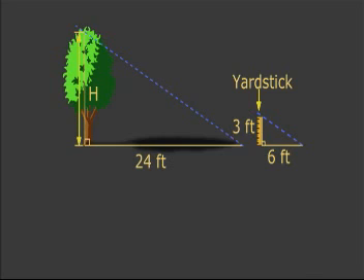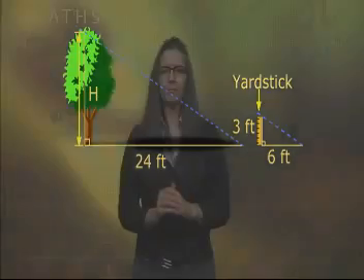When we prop up that stick as if it were a tree, the measuring stick casts a shadow that is 6 feet in length. Now, we have all the information we need to determine the height of the tree.